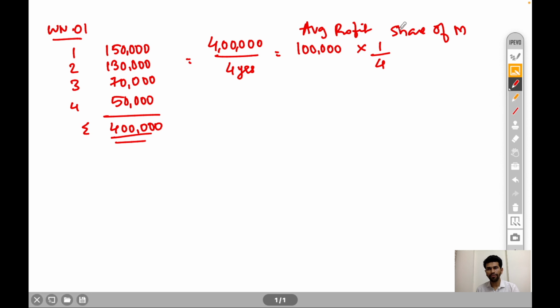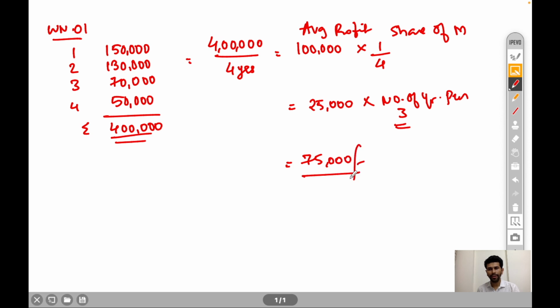So Mukta's share is 1 by 4 and amount will be 1 lakh into 1 divided by 4, 25,000 rupees, multiplied by number of years purchased, that is 3 years. So 25,000 into 3 years, 75,000 rupees is the amount of goodwill. Share of goodwill of Mukta.